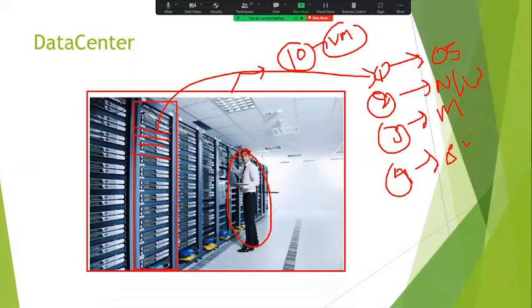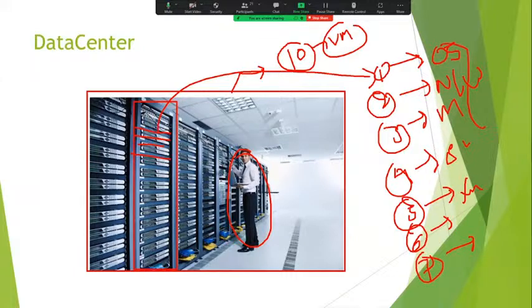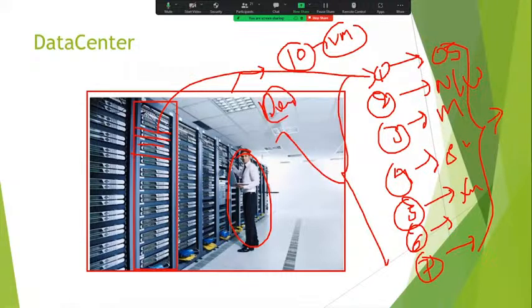Sixth step, we will enable network security rules, virtual network rules, etc. Finally, we will verify whether all these servers are built based on the checklist or not. Once the servers are built, they are handed over to the development team or project team, whatever we call it.